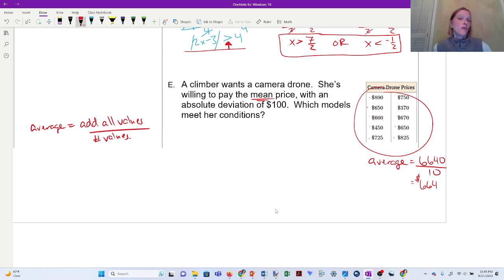To set up an inequality to solve this problem, I want my price to be a certain distance away from that 664. I don't care if I'm $100 under or $100 over, so I don't care whether this subtraction gives me a positive or negative number, but I want that difference to be less than or equal to $100.